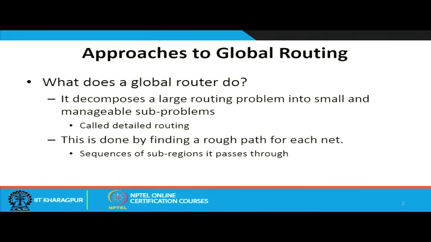As I had shown using an example in the last lecture, this can be done by determining rough paths for each net that needs to be connected, which actually means the sequence of the channels or the subregions it needs to go through.